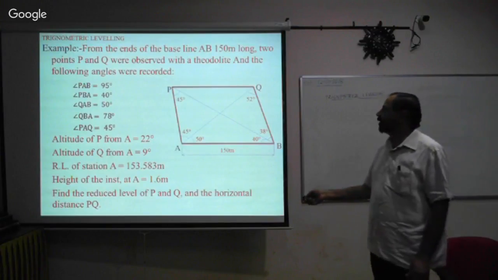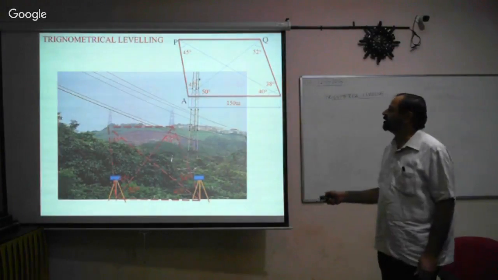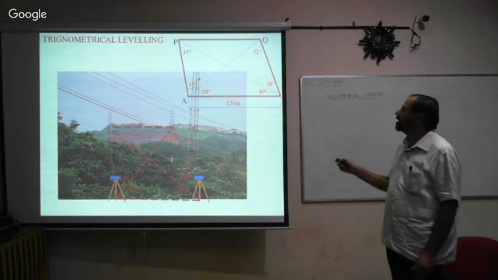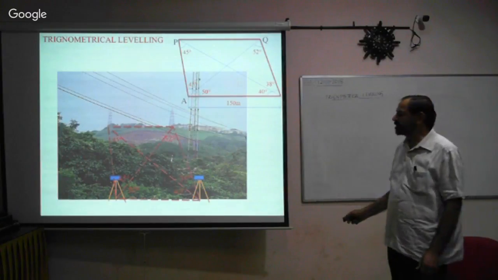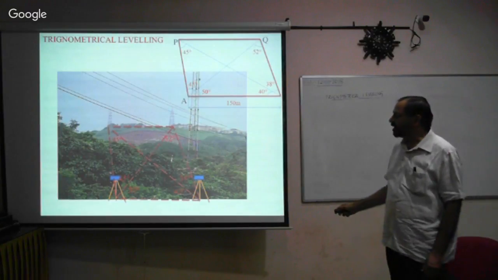Okay. Now, therefore, see, now this is the problem. This we have plotted in the diagram. Now, this is the real situation of the problem. Isn't it? The instrument is installed and measured this angle and also this angle. The instrument is installed here.